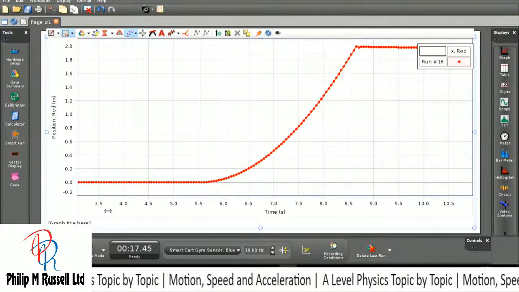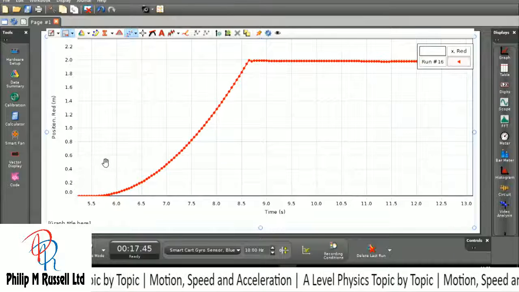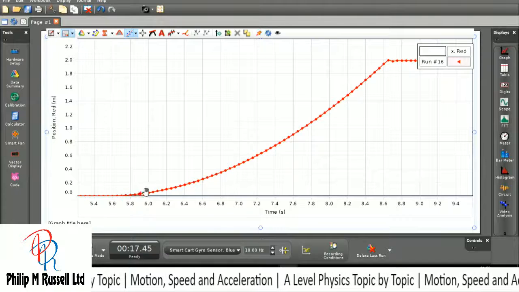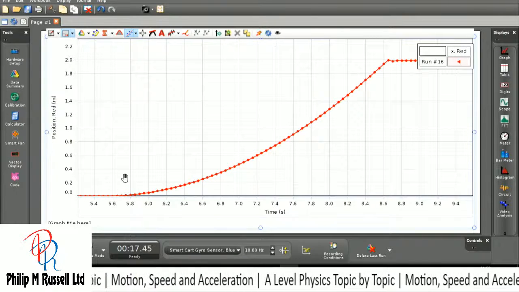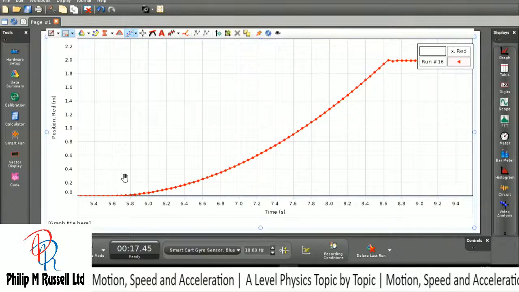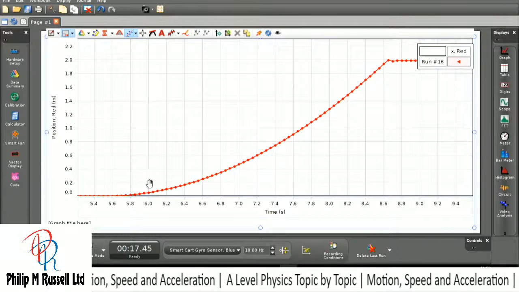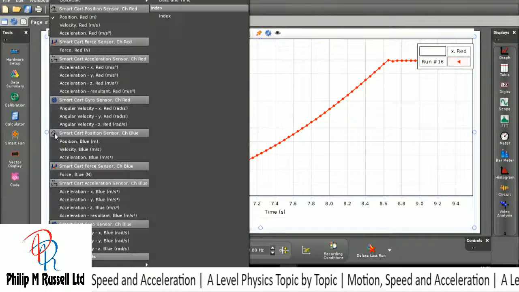And here we've got a better sort of gradient that we can actually look at. And there it's a much more curved and uniform type of non-uniform acceleration. It's not going at the same rate all the time. We are actually getting some change on our position.